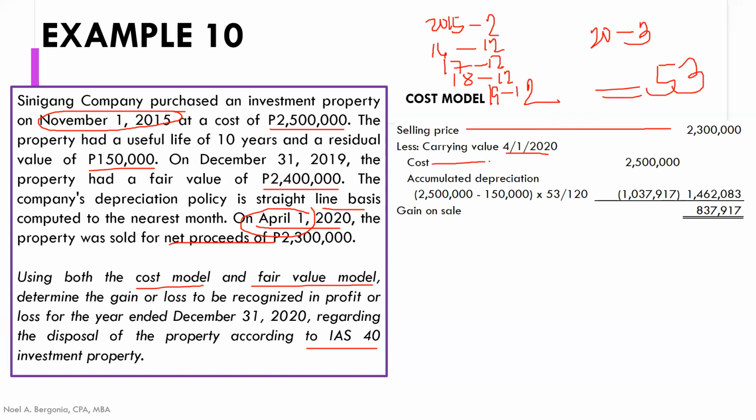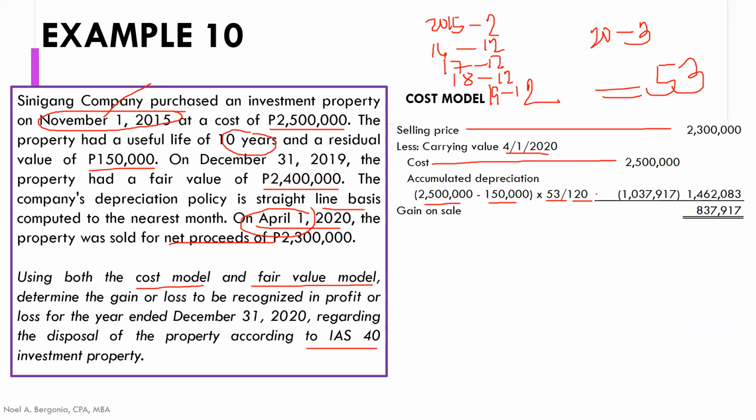So the cost of 2,500,000, then compute the accumulated depreciation from November 1, 2015 to April 1, 2020. That's the cost less the residual value times 53, the computed months up to April 1, over 120. Where did the 120 come from? 10 years times 12 months.